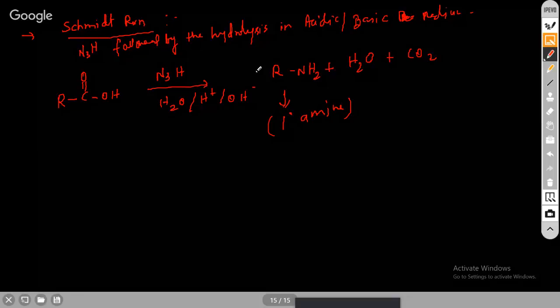In this, just one point you write down as a note. In Schmidt reaction, carboxylic acid, the reaction that we saw just now, gives 1 degree amine. If you have aldehyde, it gives cyanide or secondary amide.